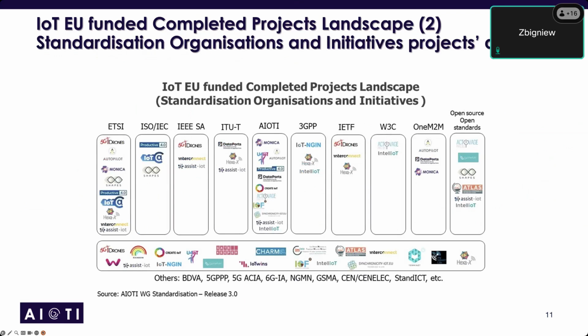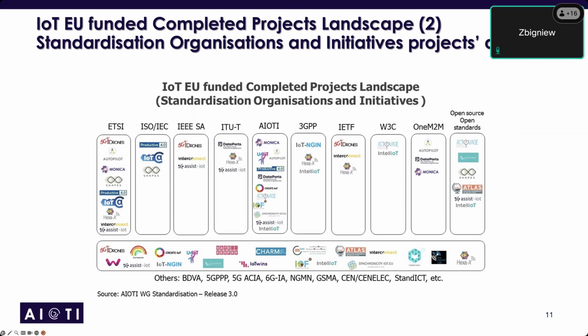And the second thing which we analyzed is how the projects contribute to standardization organizations and initiatives. You can see in the figure that we take into account all the organizations or initiatives that appeared in the projects. The most contributed to and most used standards, or the standards most followed in the projects, are ETSI.